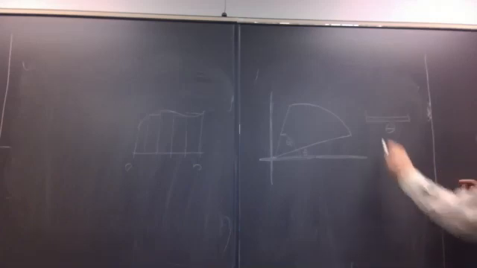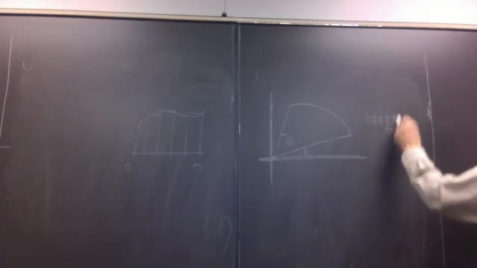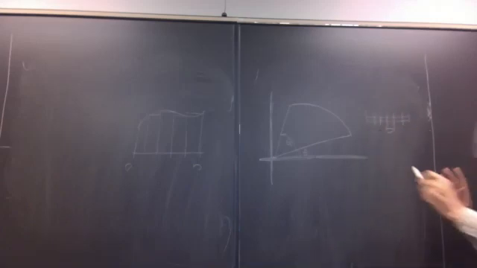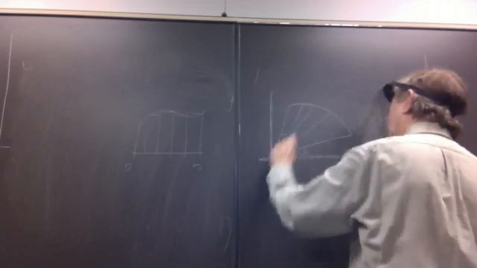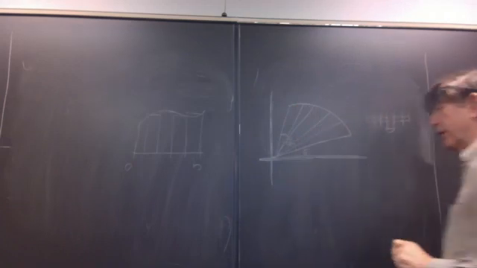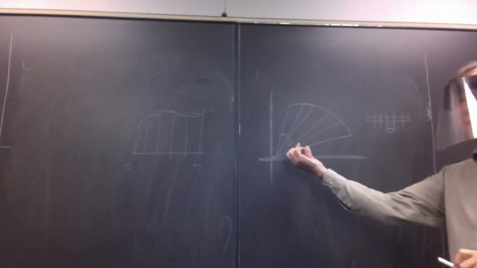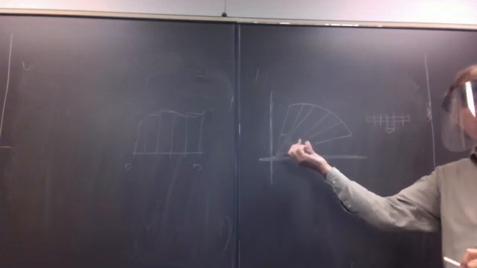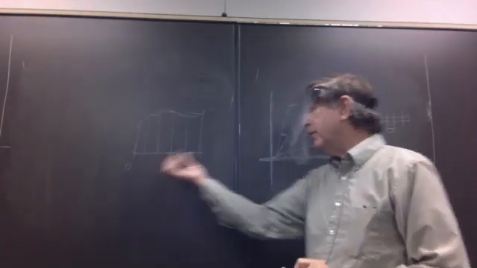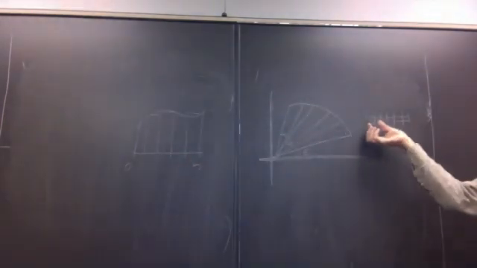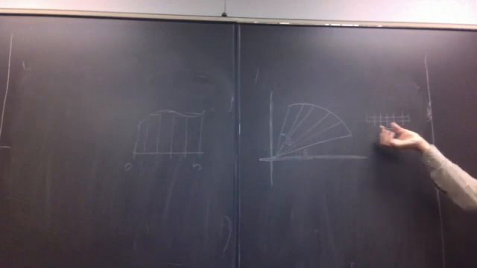So what we want to do is partition up this interval. What that's going to do is give us a whole bunch of sort of fan sort of thing. And what you're going to have is a little difference of angle instead of a little difference of width here. Except these angles are in radian measure, so it is a little difference in width. It's the same idea here.